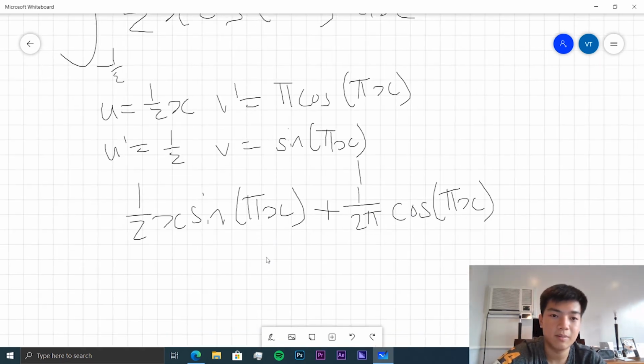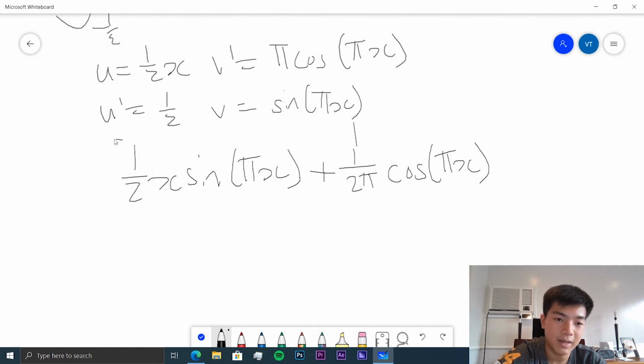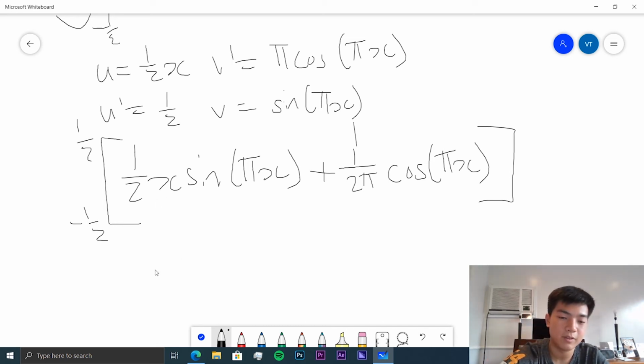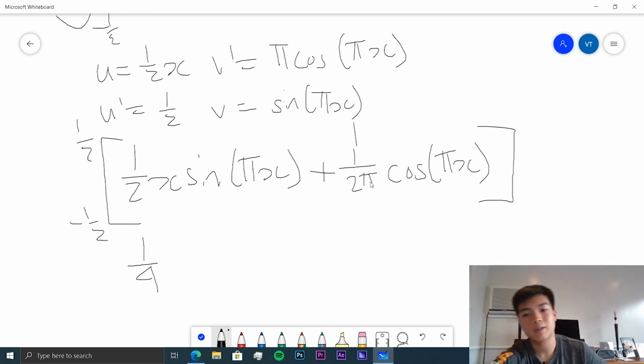So the bounds are -1/2 and 1/2, so we have 1/4 sine pi over 2, so this is 1/4, plus 1 over 2 pi times cosine pi over 2. Cosine pi over 2 is equal to 0, so that's 0. Then at -1/2 we have plus 1/4.